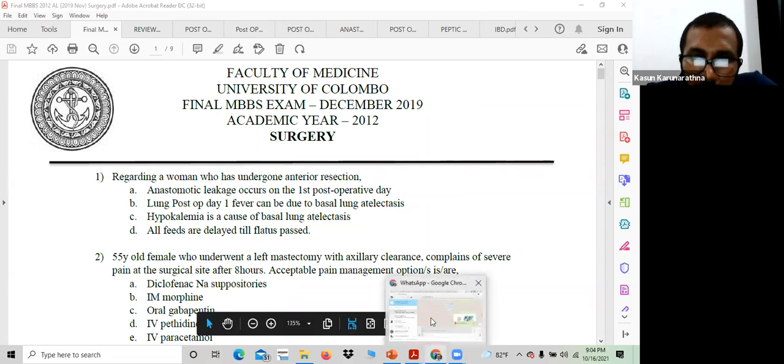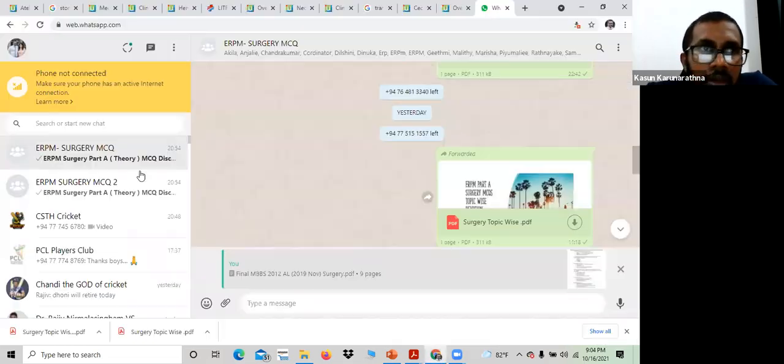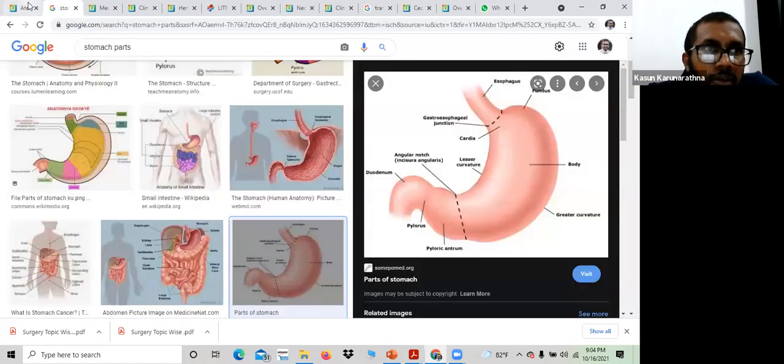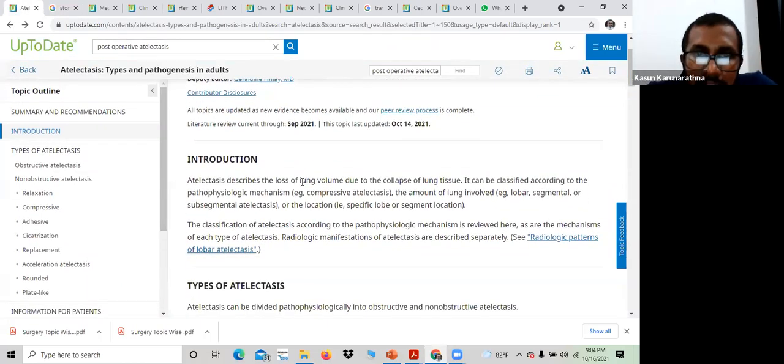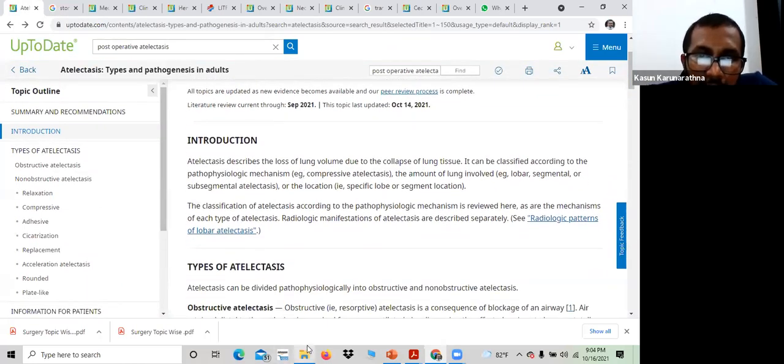If you go through UpToDate, atelectasis... you can all see my screen, right? Atelectasis describes a loss of lung volume due to the collapse of lung tissue.